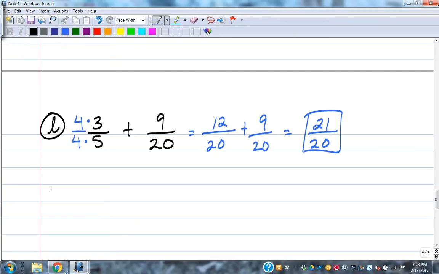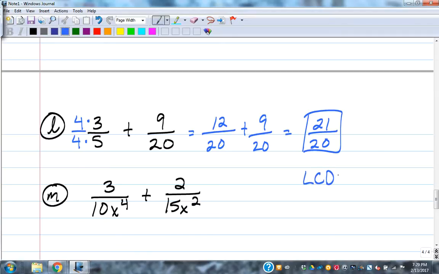Let's put one that's got some letters involved. Say we had 3 over 10x to the 4th plus 2 over 15x squared. One of the things that can help you here is LCD, lowest common denominator, or least common denominator, maybe what you called it in school.